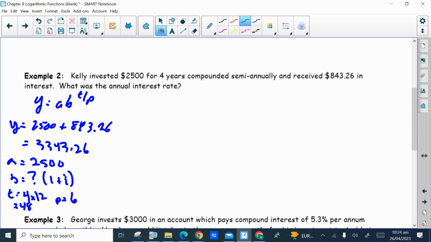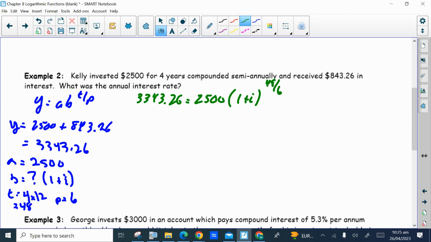If we plug in everything we know into our equation, our y value is 3343.26, and that equals A, the initial amount, which is 2,500, times B, our base, which is 1 plus I, and you remember I will be the semi-annual interest rate, to the power T over P, 48 over 6, which gives us our 8.